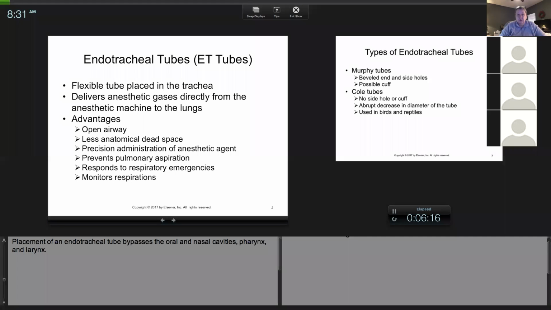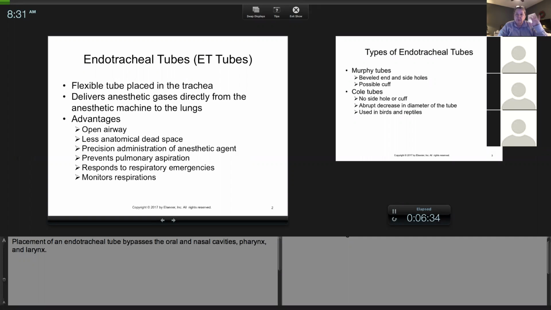The other advantage, because this is like a perfect essay question. It's like, why do you intubate patients? What are the advantages? Well, it delivers everything from the machine to the lungs, and also you maintain an open airway.